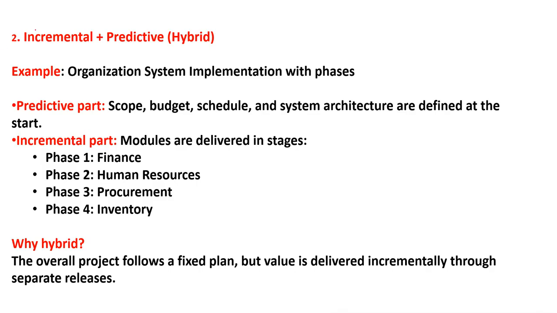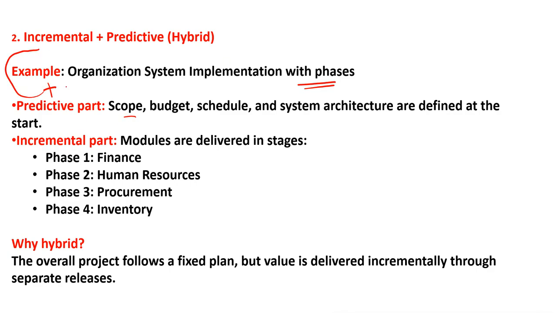Okay. First, second is incremental plus predictive. So the example is organization system implementation with phases. If it is phases, it means it is incremental. Scope, budget, schedule, and system architecture are defined at the start. So if everything is upfront, it means it is predictive. But here you have to decide which you have to add.